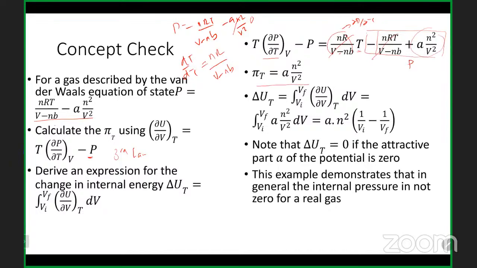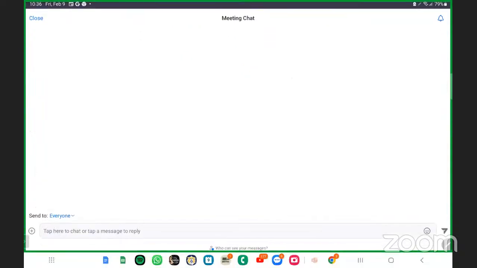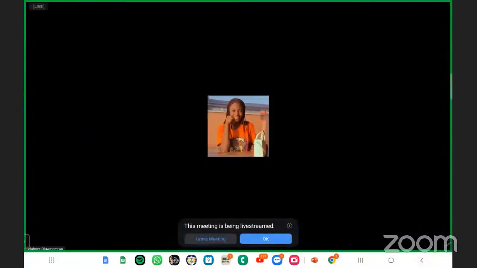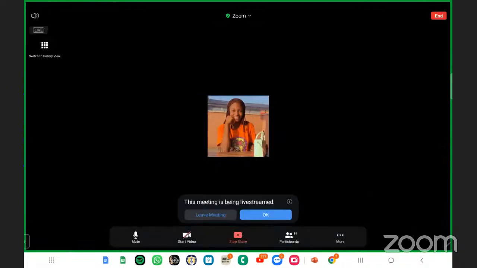So pi T is an squared over V squared, so it is not equal to 0 for a van der Waals gas. Any questions so far?